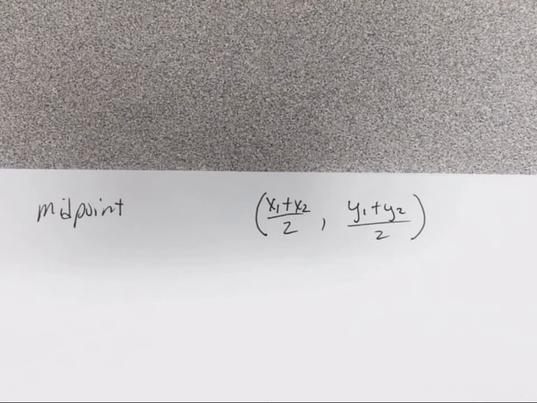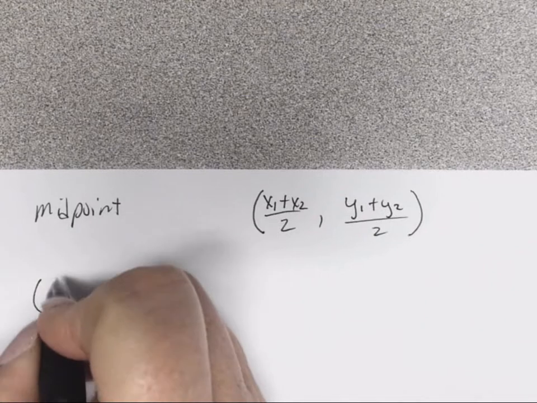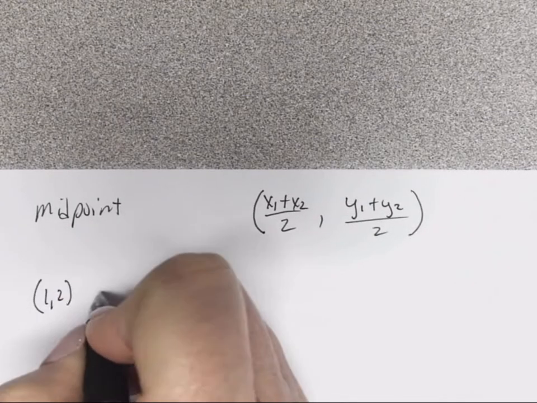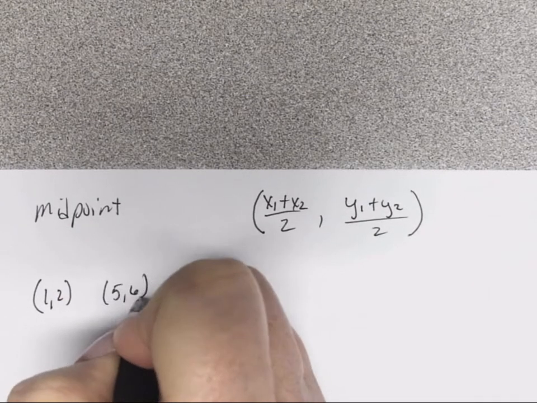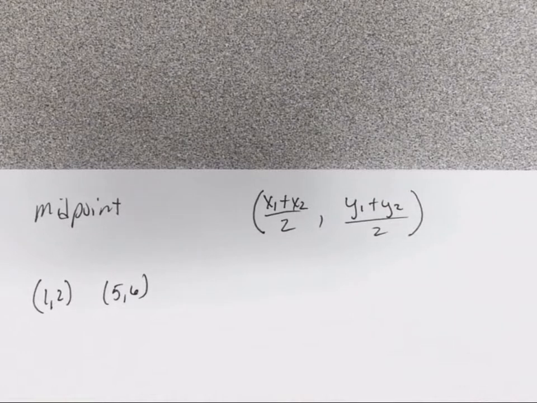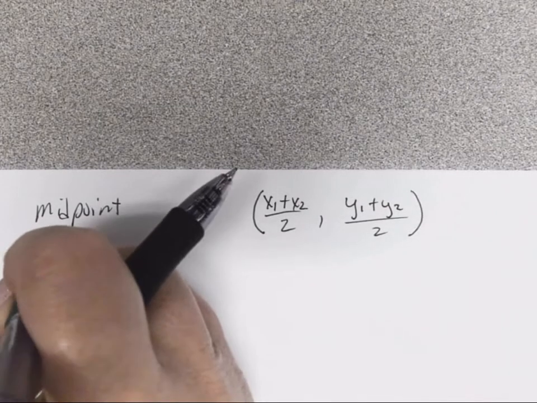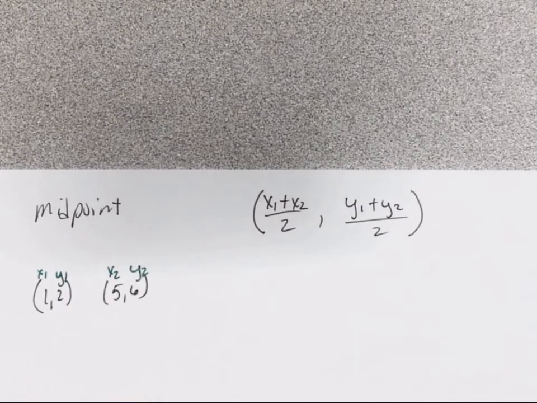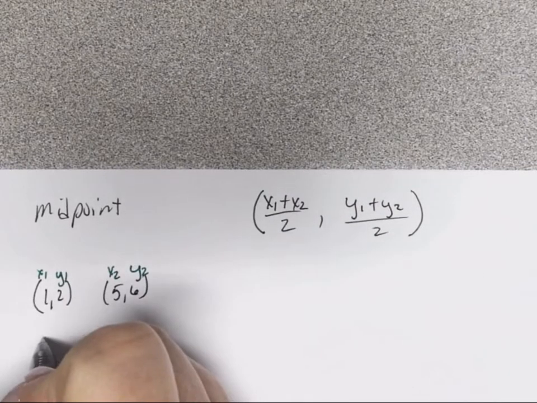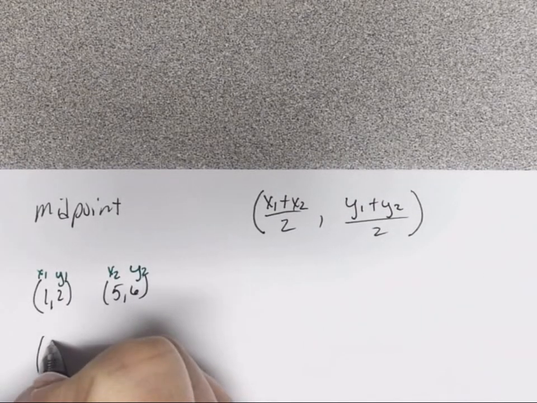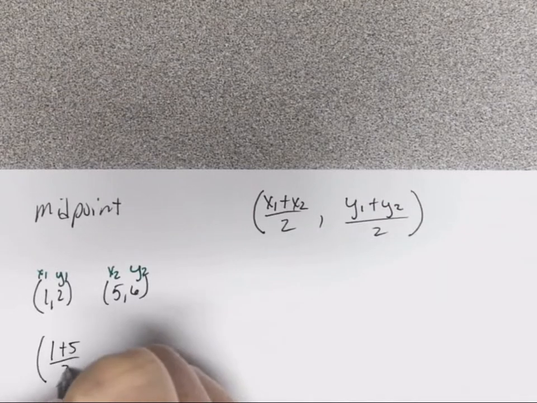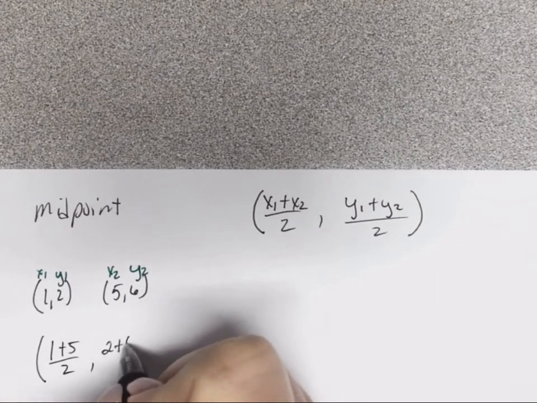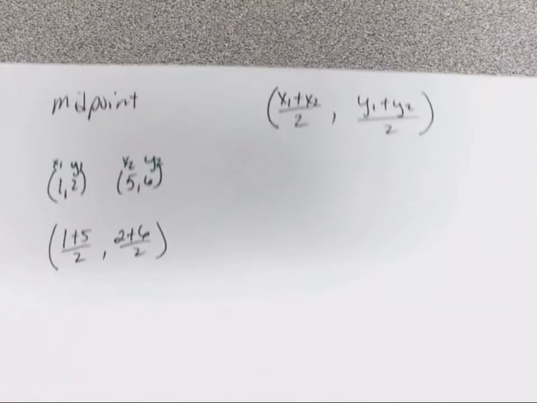So here are the points. We're going to find the midpoint. So we have (1, 2) and (5, 6). So again, it's helpful if you label x sub 1, y sub 1, x sub 2, y sub 2. So we're going to add our two x values. So we have 1 plus 5 divided by 2 and 2 plus 6 divided by 2.